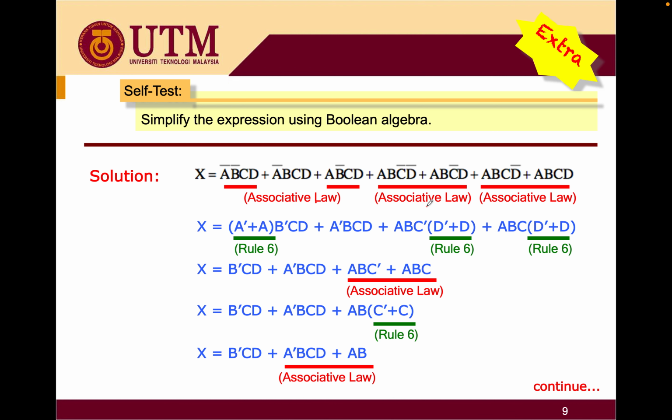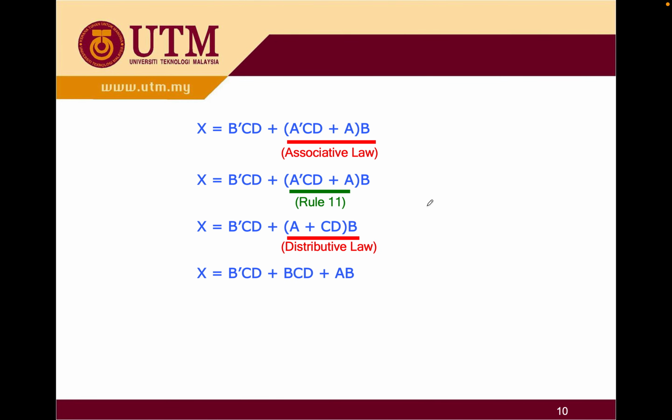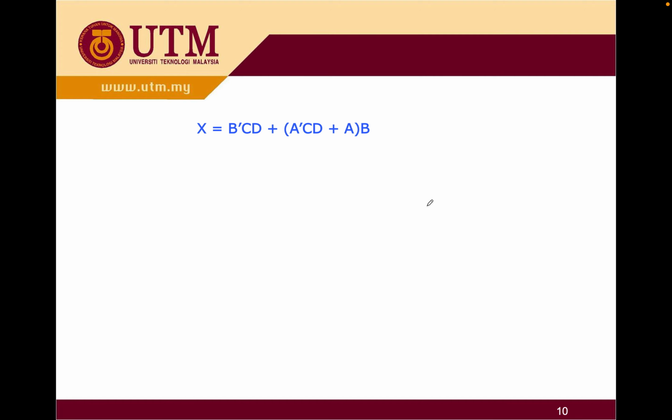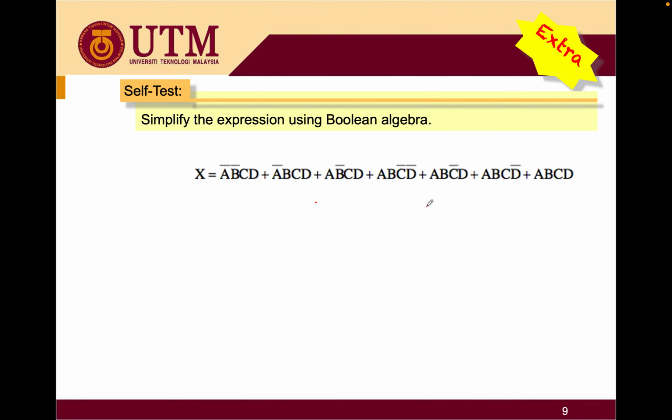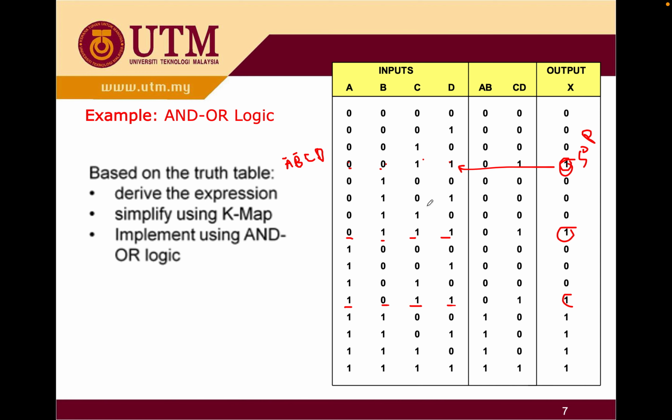Just a recap. Instead, what we're going to look into in our module 5 is your AND-OR logic. So you can try to look into the answer of the simplifications. So basically it's similar. This one is using the rules and the laws, and this part asks you to do it using a K-map.